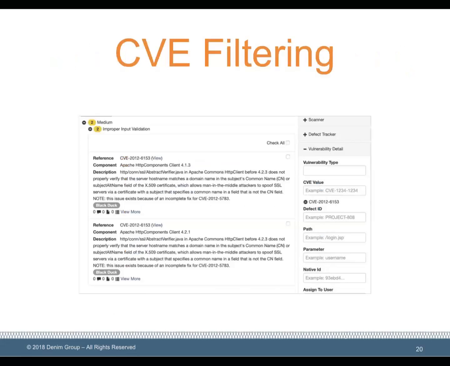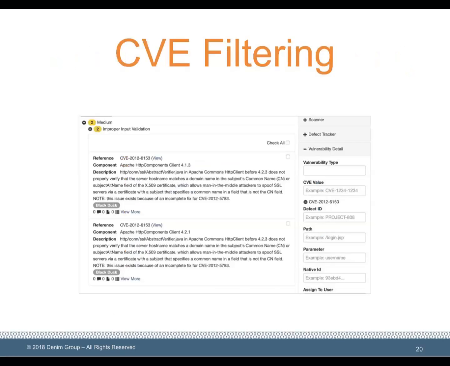We also provided some additional views via CVE filtering. As I mentioned earlier, the surge in organizations that are deploying these software composition analysis tools has been pretty significant in the last couple of years, because you've seen breaches due to things like Struts vulnerabilities.